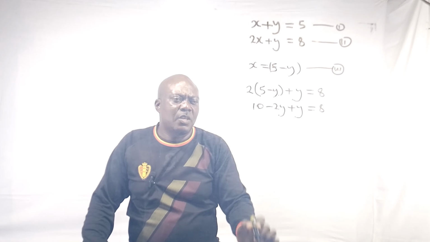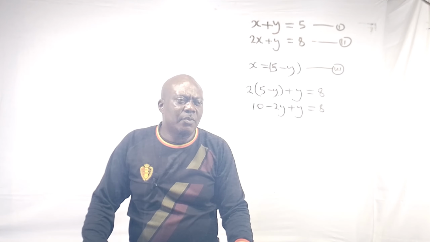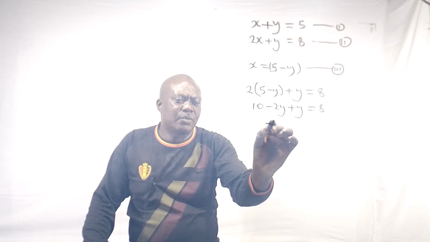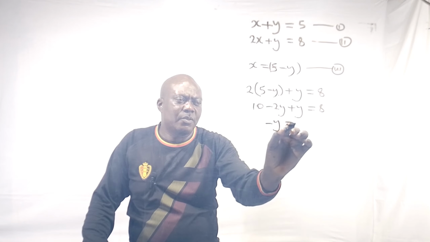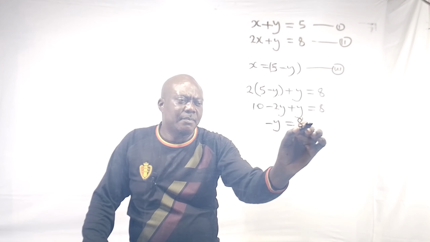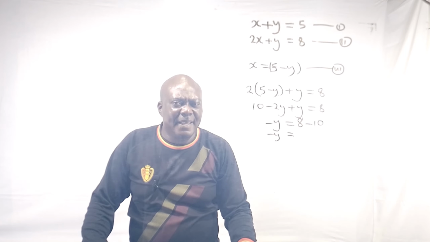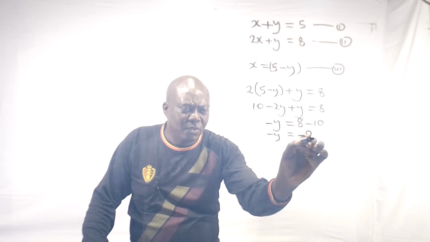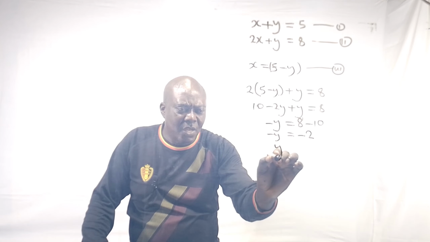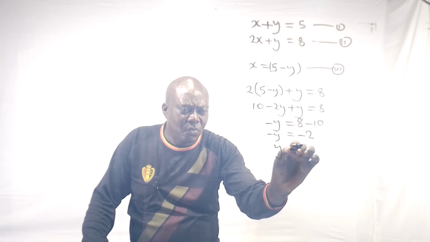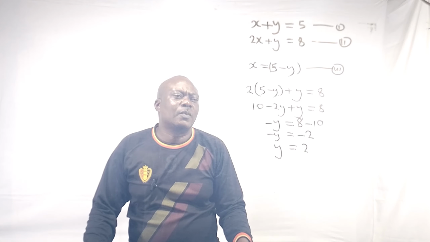So from here, minus 2y plus y gives us minus y, which will be equals to 8 minus 10. So y now will be equals to 8 minus 10 is minus 2. From here, y now will be equals to 2.